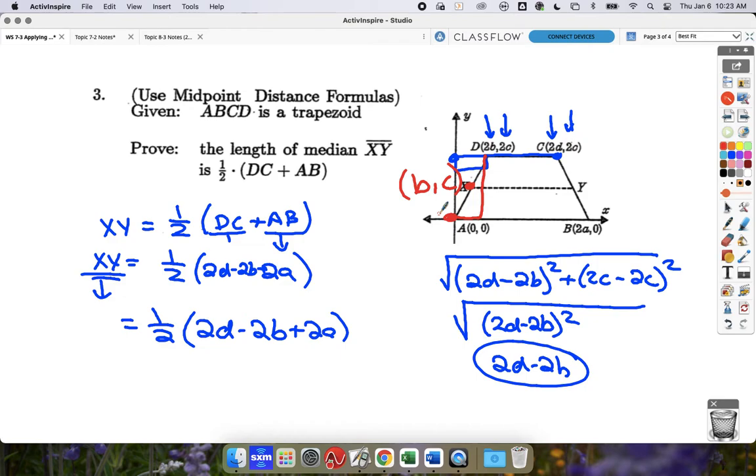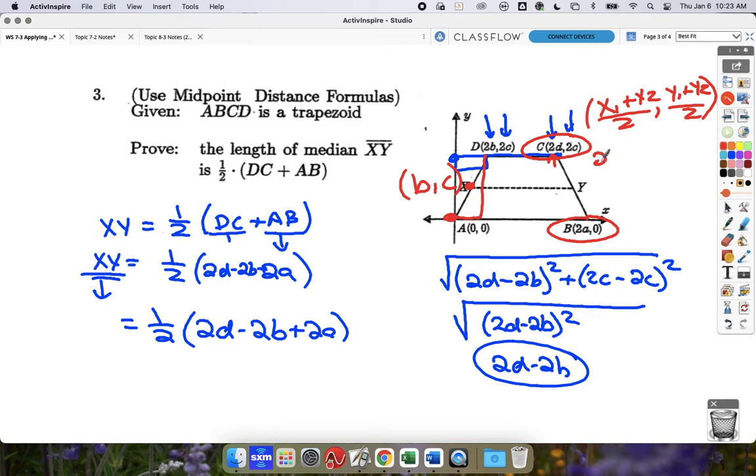Now, the other side, good luck. The only way I can figure that one out is by actually using the midpoint formula. The midpoint formula is x1 plus x2 divided by 2, comma, y1 plus y2 divided by 2. So I have to use these two coordinates to calculate the midpoint.